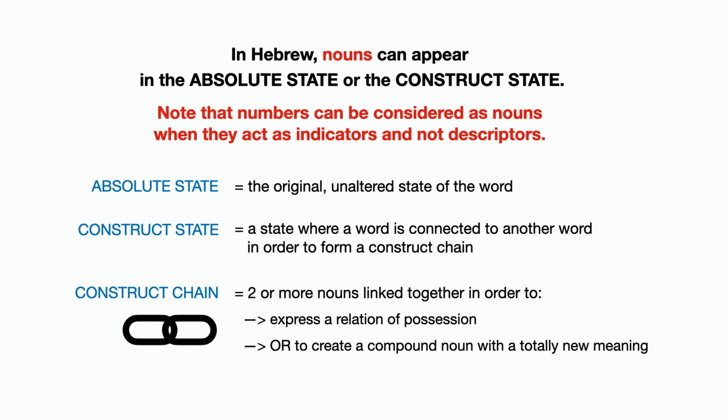So when two or more words or nouns are linked together, they form a chain. And this chain has the purpose of either expressing a relationship of possession or creating a compound noun with a totally new meaning.